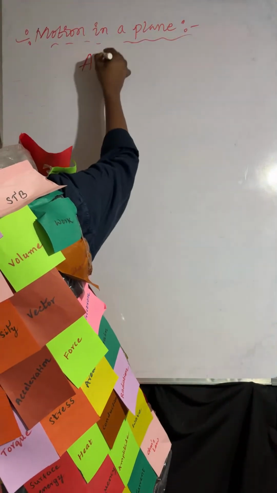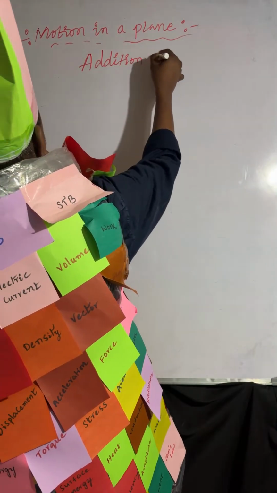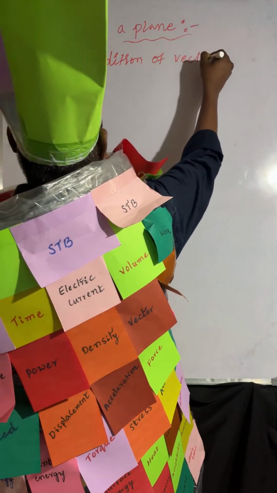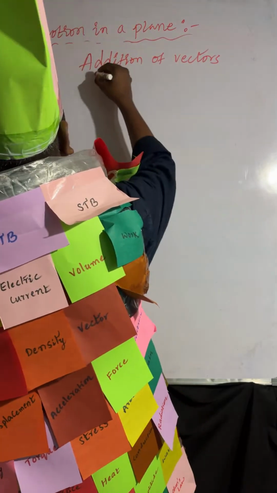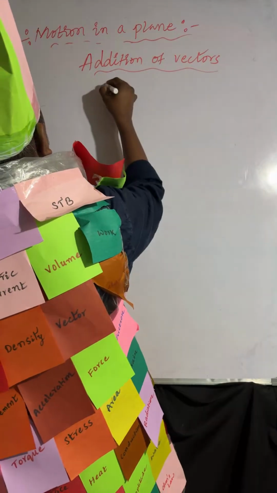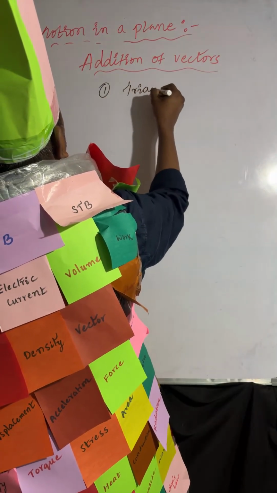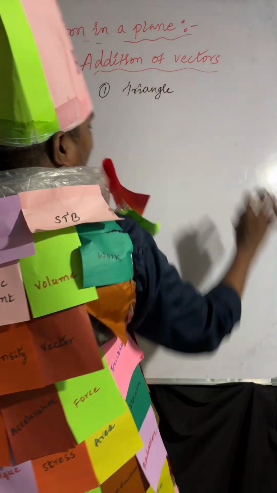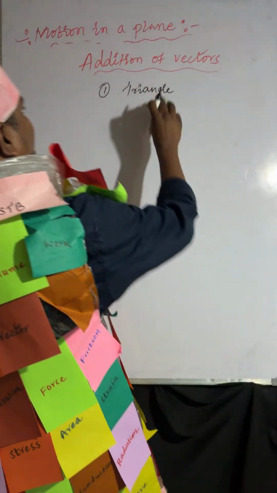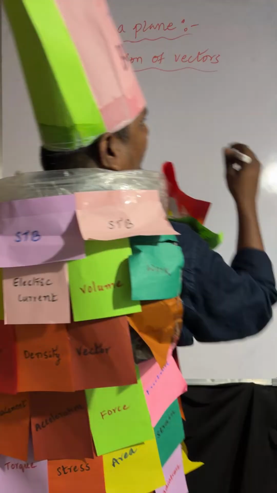There are three types of vector addition. Point number 1, triangle law of vector addition. Okay.